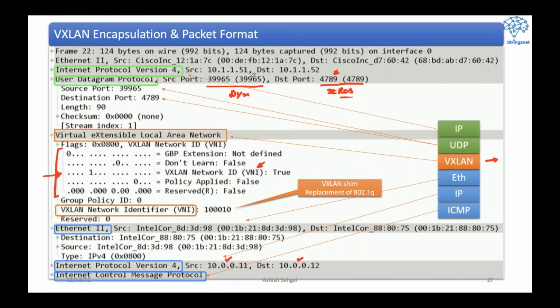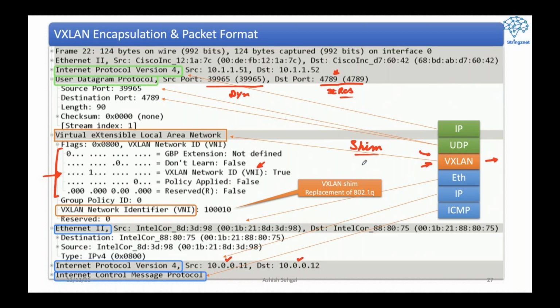Then, guys, the encapsulation process begins over here, because we need to send this particular traffic onto the tunnel. That is the reason the very first header that comes is called VXLAN. I have picked a term for this header, called shim.